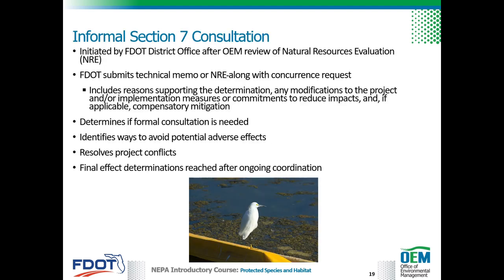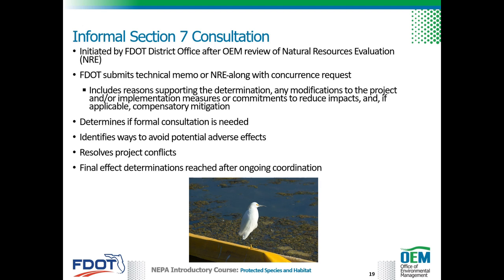Informal consultation is initiated when federally listed species or designated critical habitat are potentially present within the project's action area and may be affected by the action. If informal consultation is needed with the services, documentation in the form of an NRE is developed by the district.